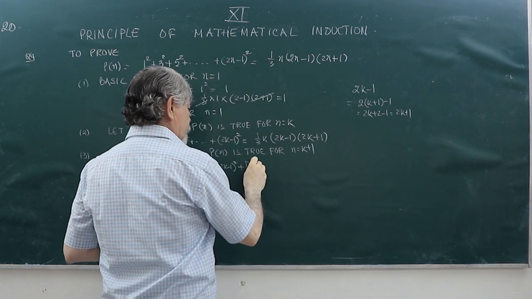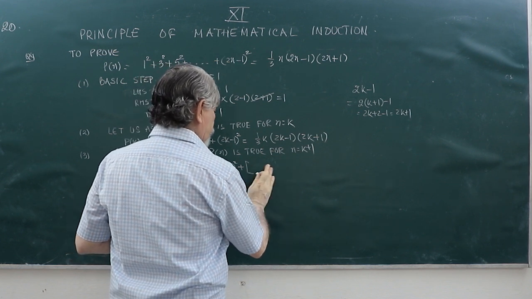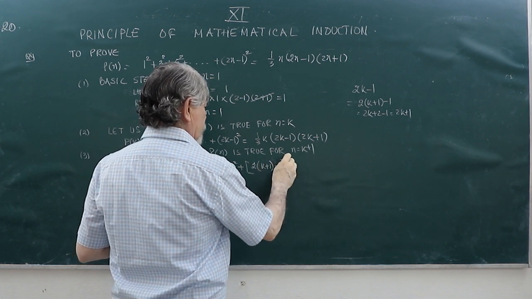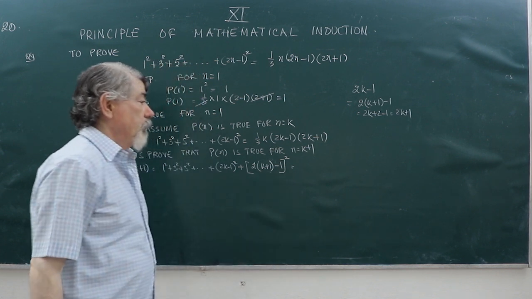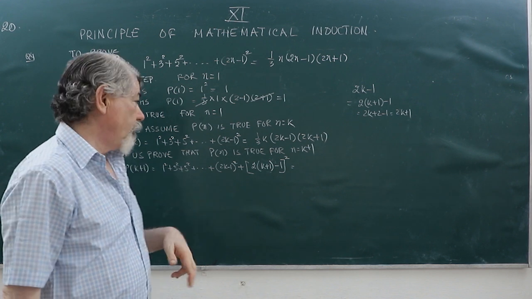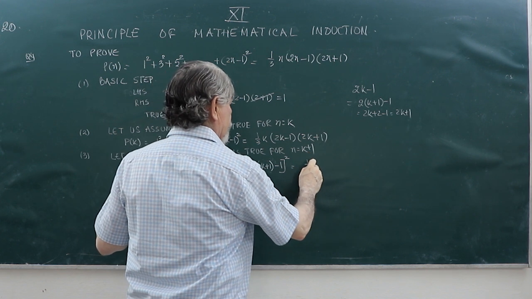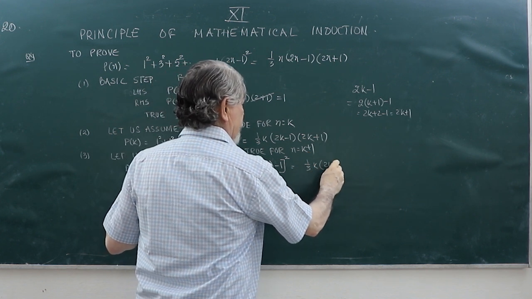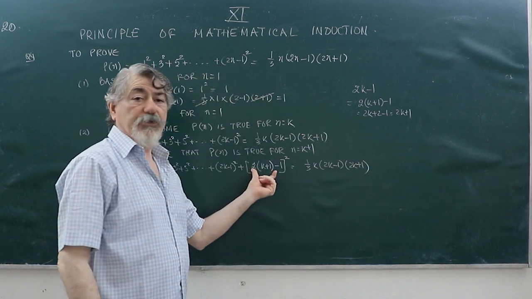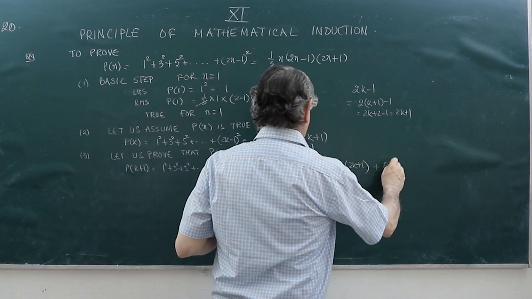So when you open it out, it will become (2k plus 1) squared. So this side, this complete thing will be correct. We have k(2k minus 1)(2k plus 1) upon 3 and (2k plus 1) squared, and this when you open it out will become (2k plus 1) plus 2k.